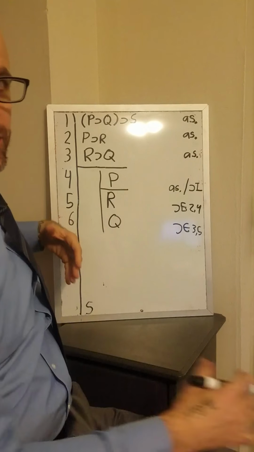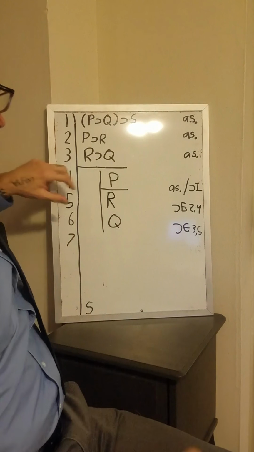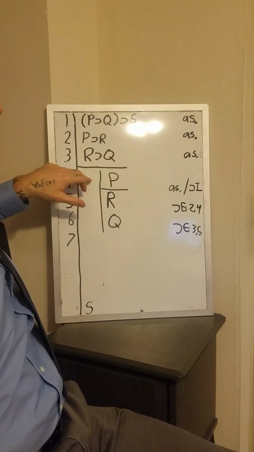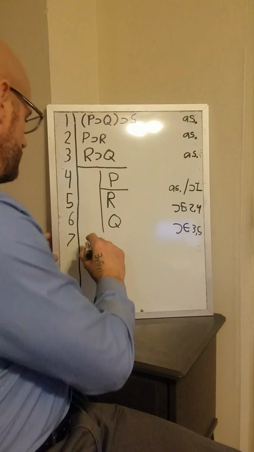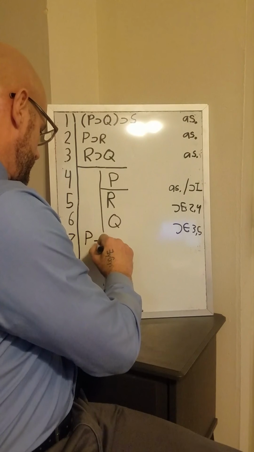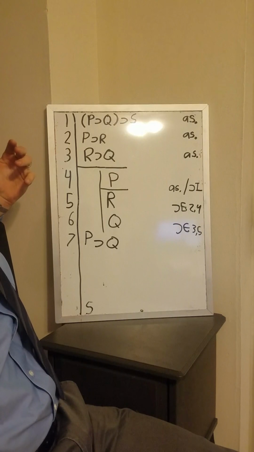Now we can actually end our subderivation. And we know that on the assumption of P, we're able to derive Q. So we can say if P, then Q.